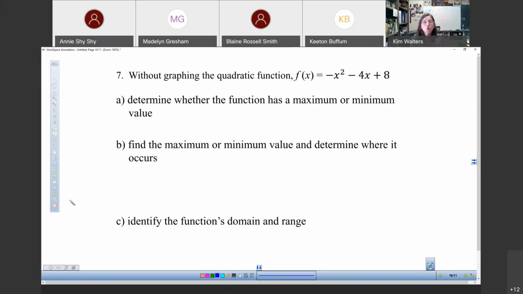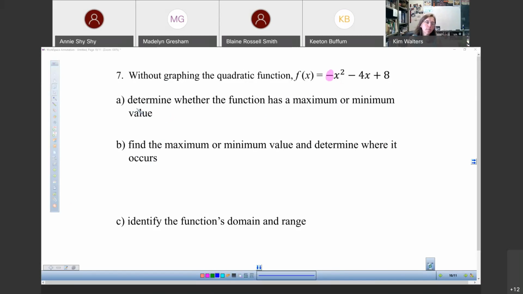So what I'm going to look at is this thing right here, this coefficient of x squared, this sign in front of the x squared, the value of a, whatever you want to think of it. These directions are not going to tell you that.